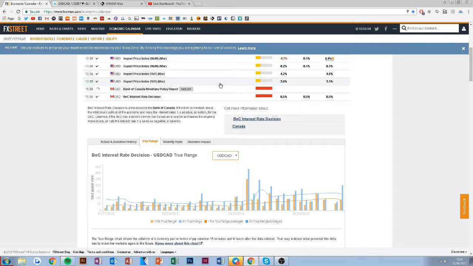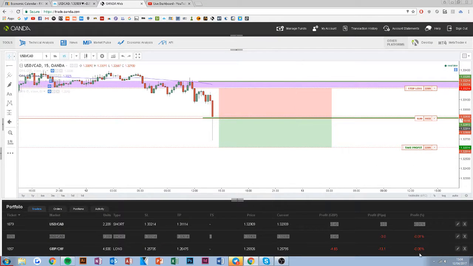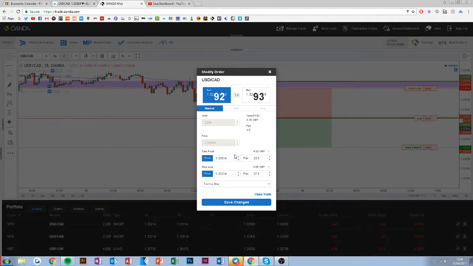And if you have a look at the previous data, you can estimate how far it's going to move, so you can put your take profit on your second position, not on this one.